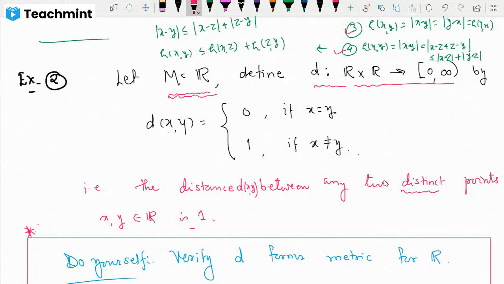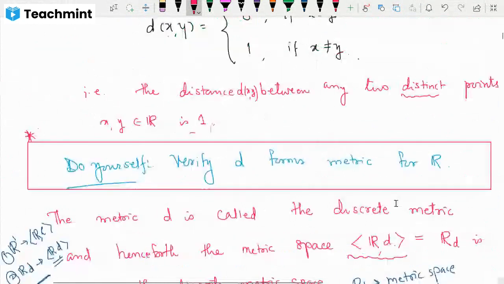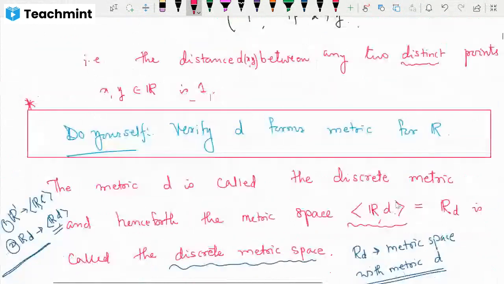So this is the discrete metric defined on the set of real numbers. Hope you have checked all these four conditions for the discrete metric. So combining the set of real numbers with this discrete metric forms a discrete metric space. We denote it by RD. What is RD? The set of real numbers with discrete metric d. So this metric space is called the discrete metric space.